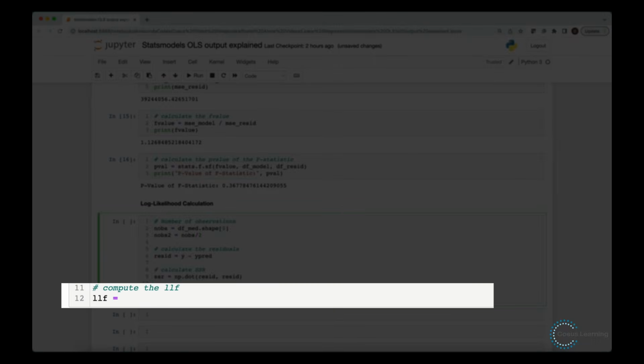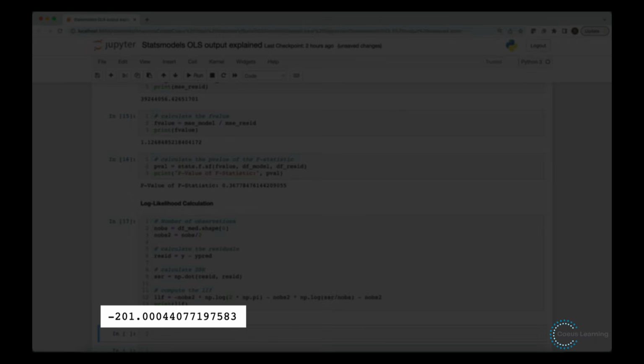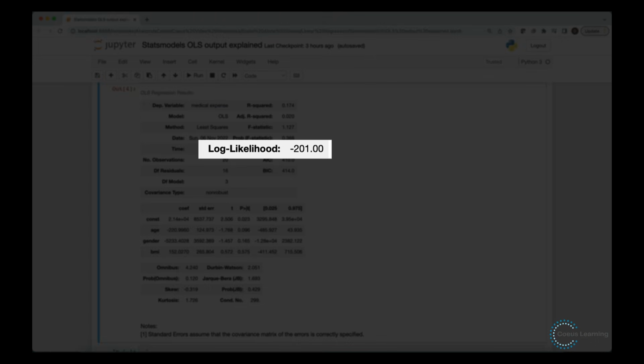Finally, we take into consideration the number of observations and SSR to compute the log likelihood. You may now compare the computed log likelihood value and the log likelihood value that was produced by the OLS output.